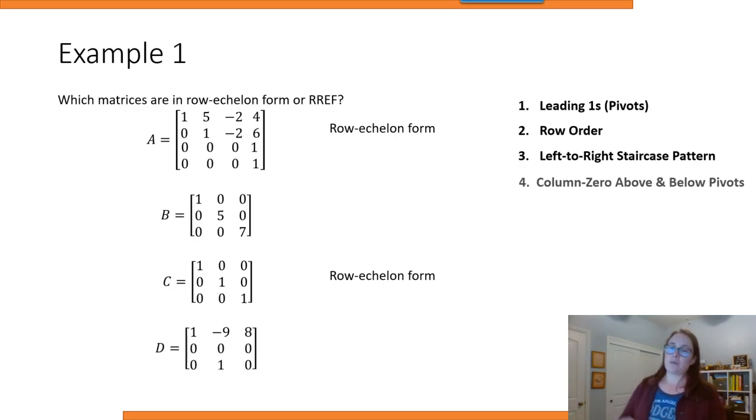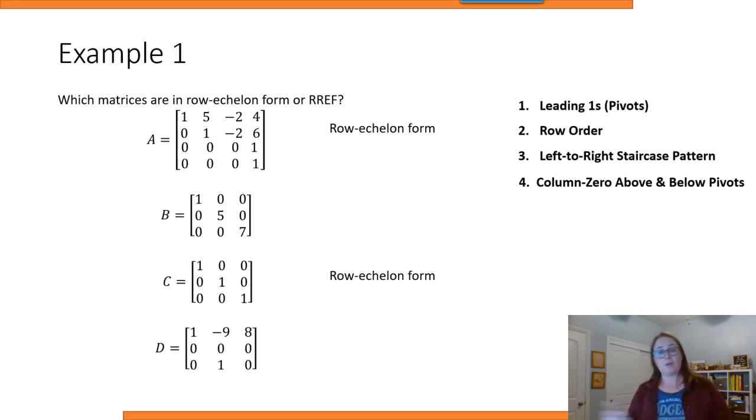Now let's look at reduced row echelon form. So I'm going to add that 4th requirement that above my leading ones, I have to have all zeros as well as below. So if I go back to the first one, well, this is definitely not the case. I can already see in the second row, my first leading one has a 5 above it. So that one's not in reduced row echelon form.